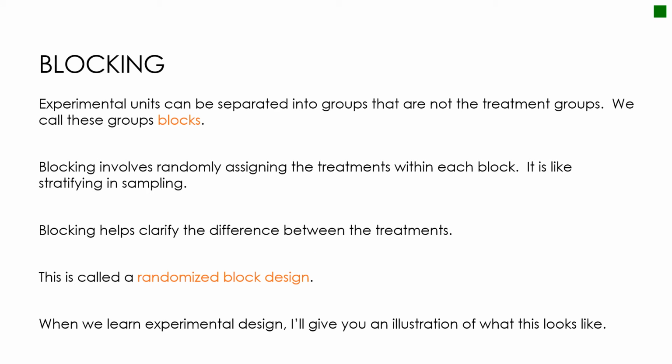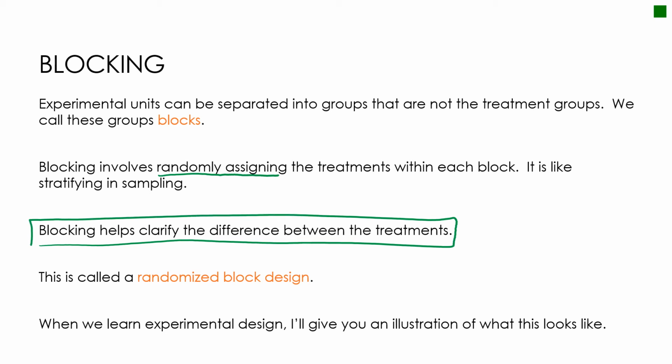The reason we do this is we put them into different groups, and then within each group we're still going to randomly assign, just like we talked about before in any experiment. So it's kind of like stratifying in sampling. We're just looking at two different groups and then doing the experiment for each of those groups. What it does is help clarify the difference between the groups that we started with. It's called a randomized block design.